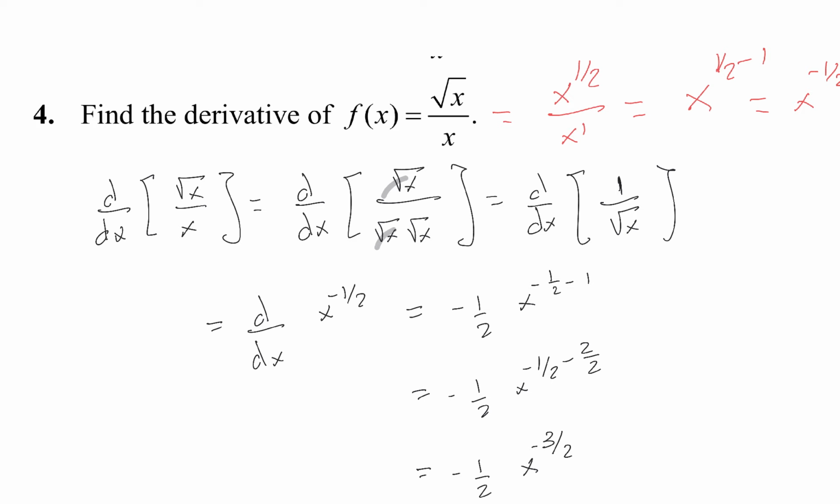So this is 1 divided by x to the 1/2, the same as I have here. Now I apply the power rule. It will be minus 1/2 x to the power minus 1/2 minus 1, which is minus 3/2, and the problem is solved.